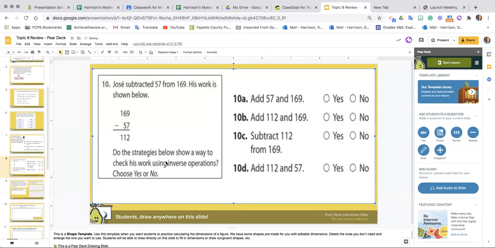There are two ways to figure out if the answer is correct, but only one answer that uses an inverse operation. So think about what operation is being used here and think of the inverse or the opposite and figure out each one of these. Look carefully. Consider each one. How would you check your answer?